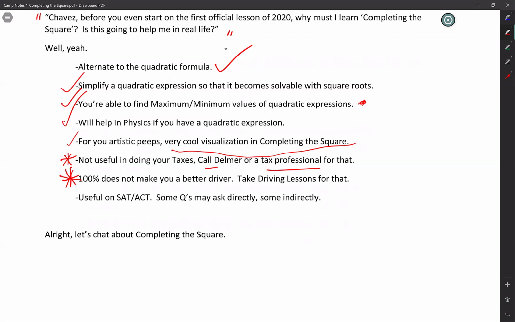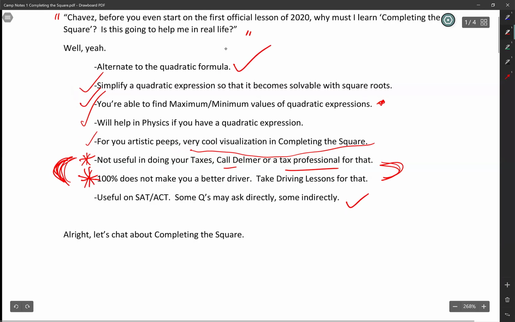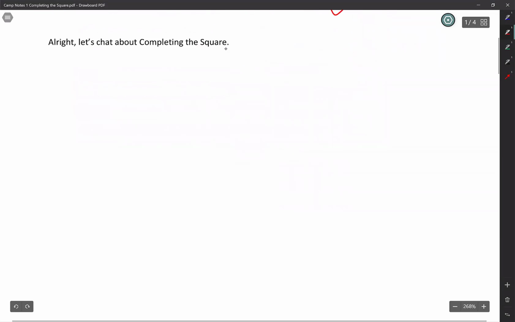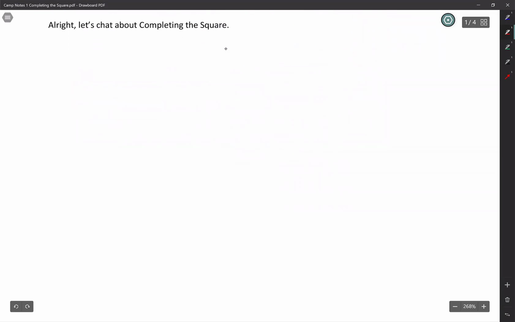And it's useful for the SAT and ACT. Now here, guys, I'm just making jokes. Maybe my jokes aren't that funny, so I apologize if they annoy you. I try to make this not too cumbersome for you guys, so hopefully it's a little entertaining. But if it's not, well, I'm not that funny, so I apologize.